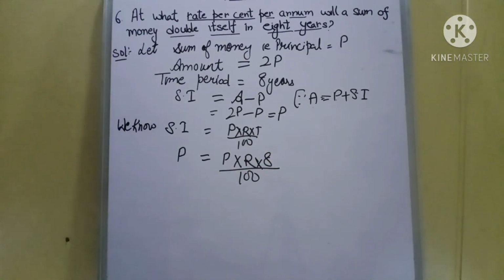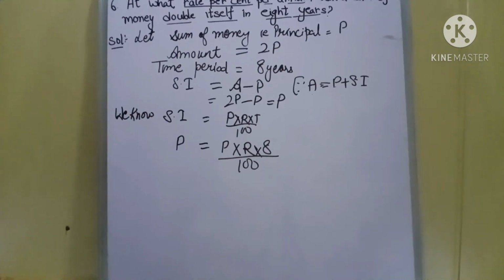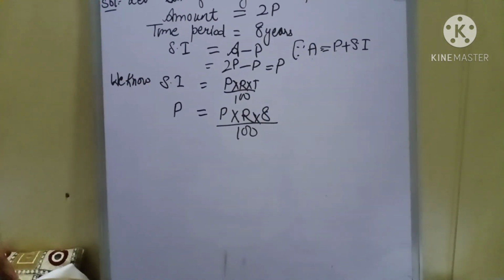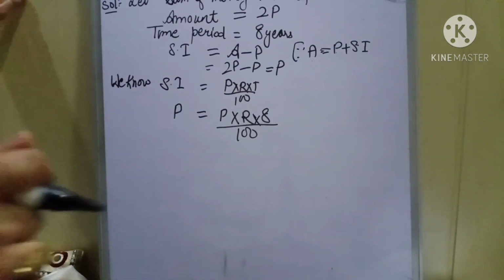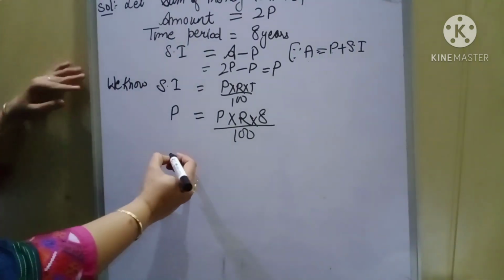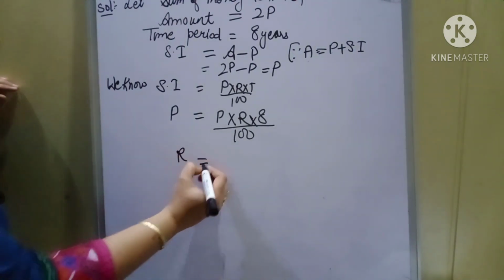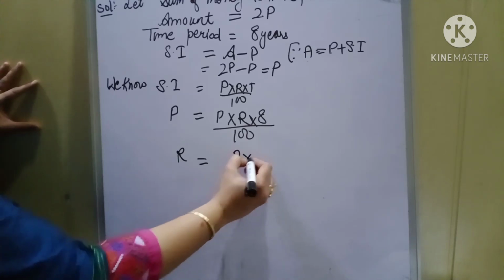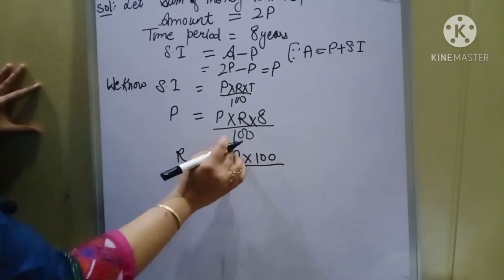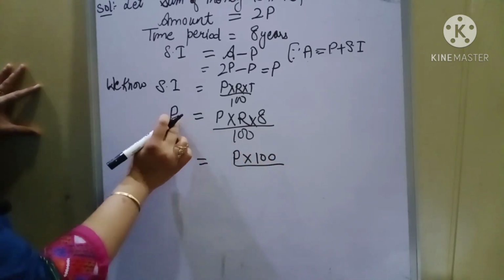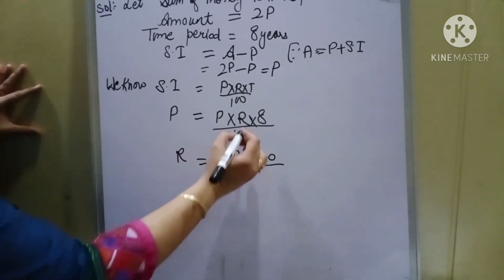Whatever we have to find, we keep on the left hand side and other things on the right hand side. So we are going to transpose. Rate is equal to simple interest into 100 upon principal into time. Why so? Because here it is in the denominator and it goes to the numerator.